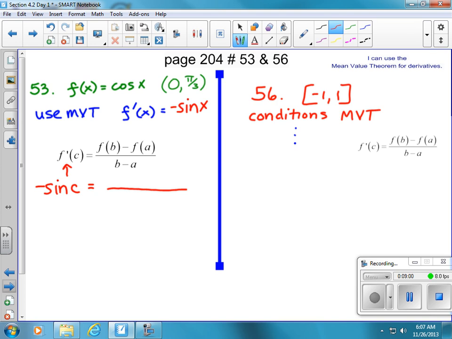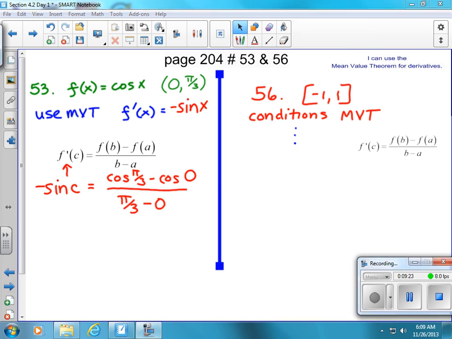All right, we're going to put our function in at pi over 3 minus 0, and see how that works for us. Cosine pi over 3 minus cosine of 0. Okay, and we divide that by pi over 3 minus 0.